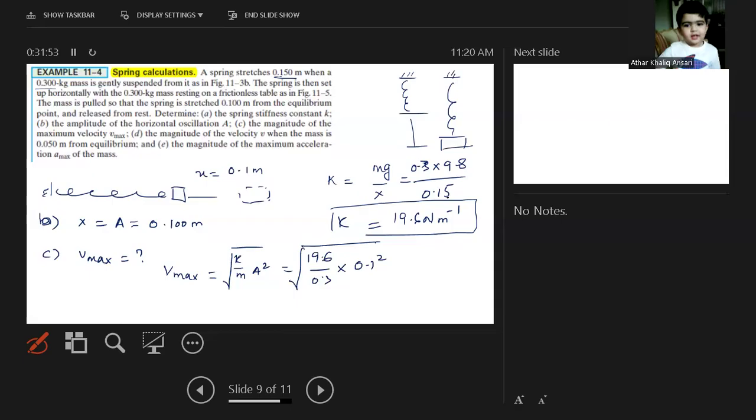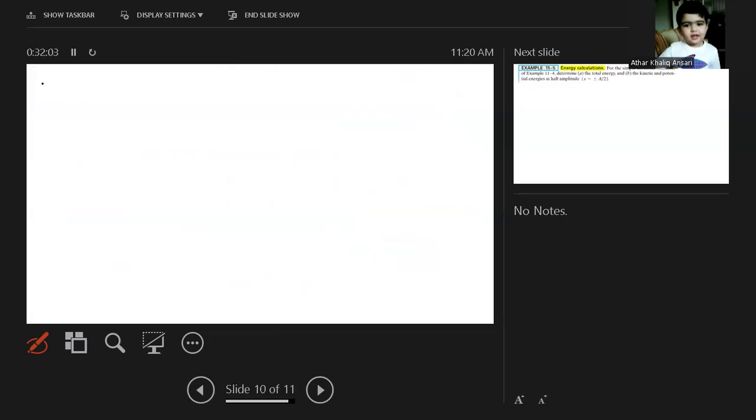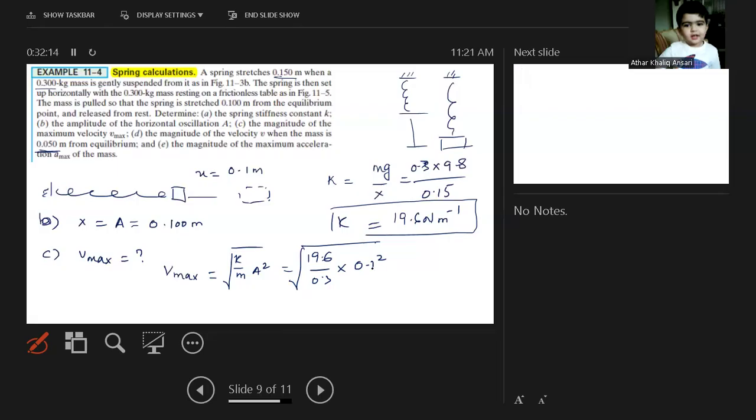Okay. Next part is you have to find the velocity if the mass is at half the distance from the mean to extreme. So V is how much? This is the square root of K over M into A square minus X square. What was the answer of the previous one? Vmax was 19.6 over 0.3 times 0.1 square, 0.808 meter per second.